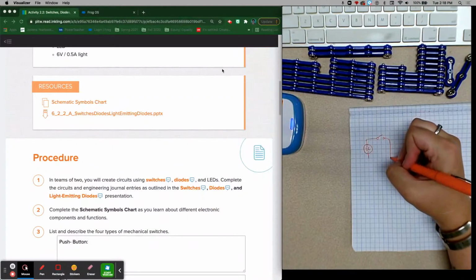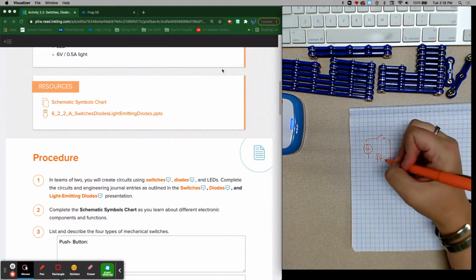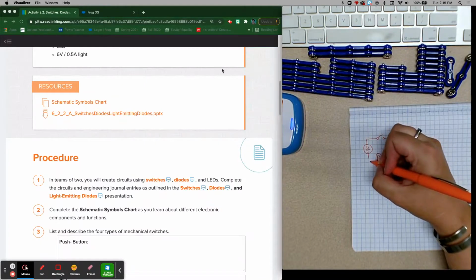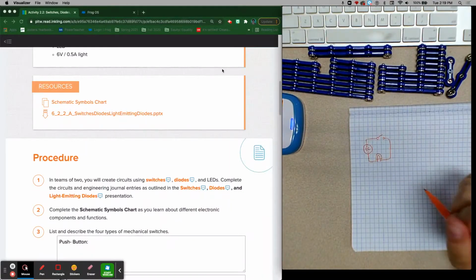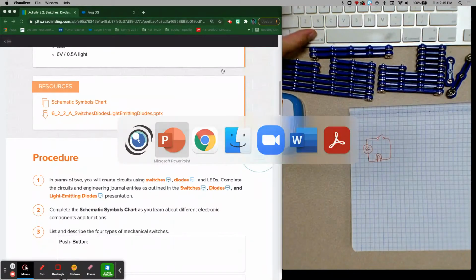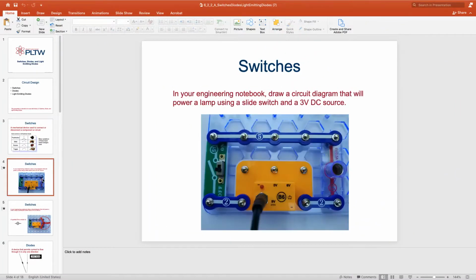And we want a lamp. So that's our schematic for that one. And if you want to make a notation on your diagram about this 3 volts, because it will make a difference as to where we connect it to our power source.